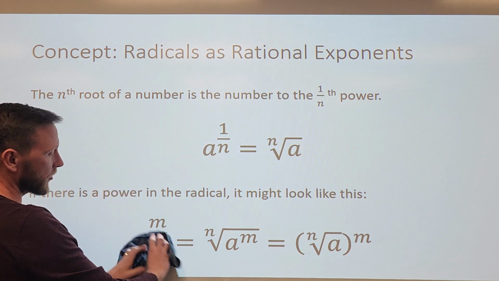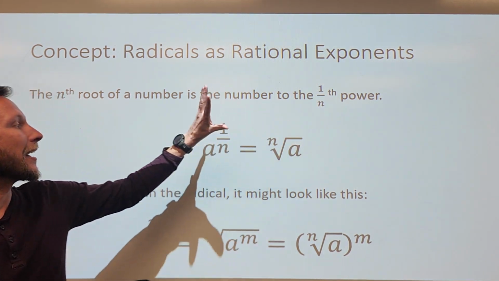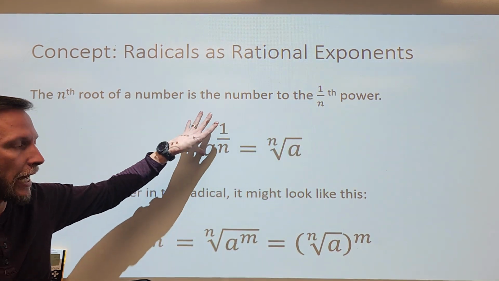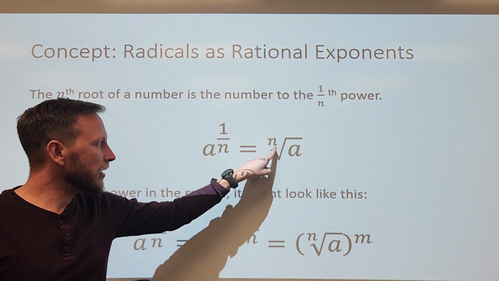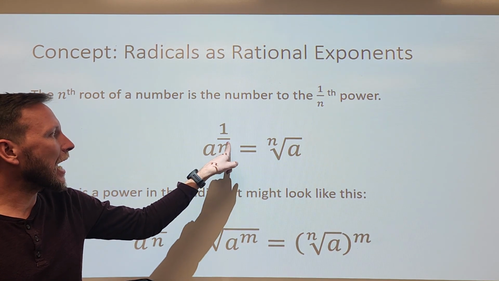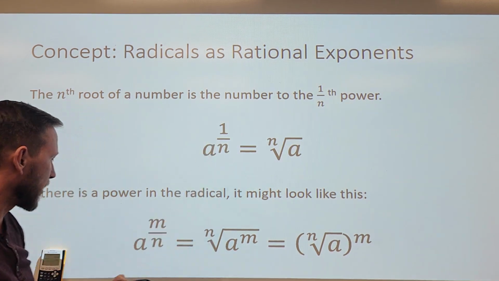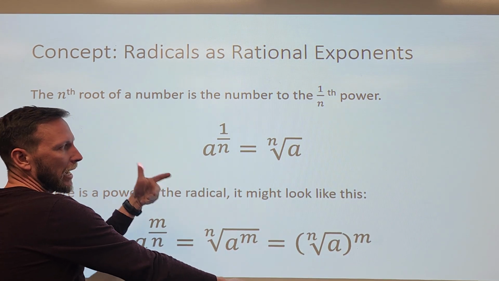What we have here is writing a radical as an exponent, all right? Taking a radical and writing it in exponential form. The index can be written as the denominator of the power, all right? So here's what I mean by this. So the nth root of a is a to the 1 over nth power, all right?